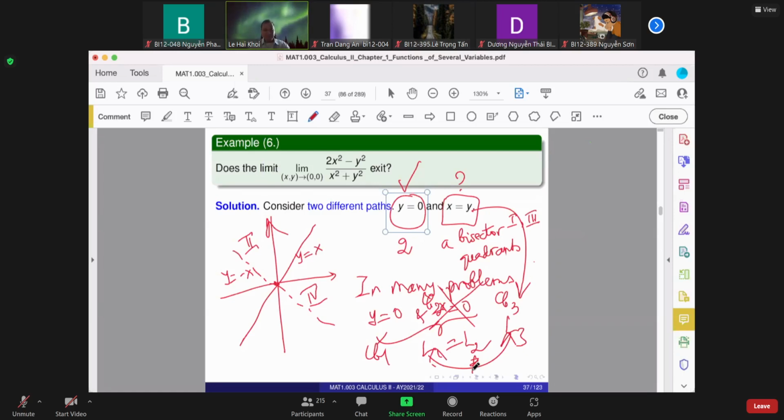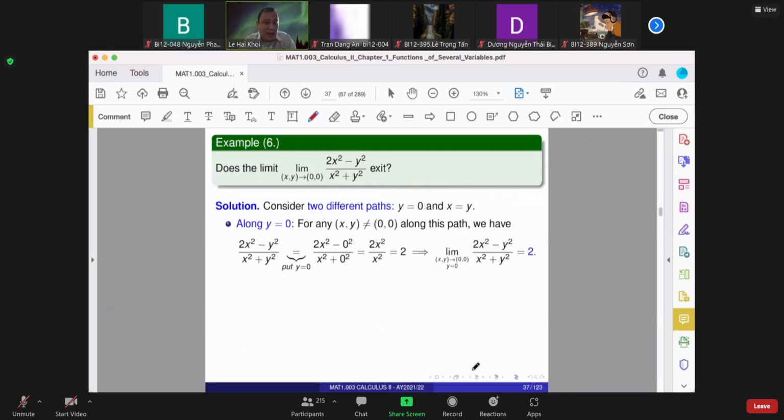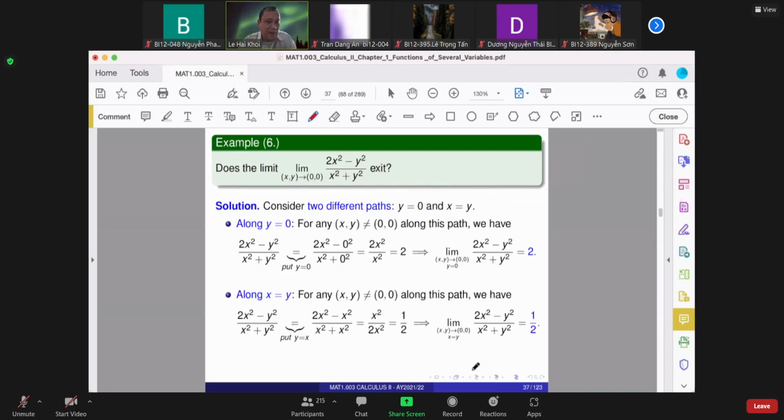Okay, here in the illustration, along y equal to 0 you get 2. I already explained. But along the bisector, you change y equal to x, you have 1 over 2, and the result is also 1 over 2. So they are different. Then we can conclude that the limit doesn't exist.